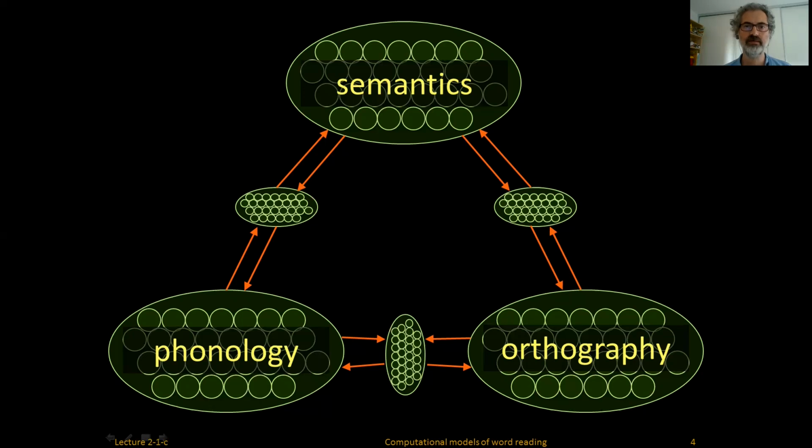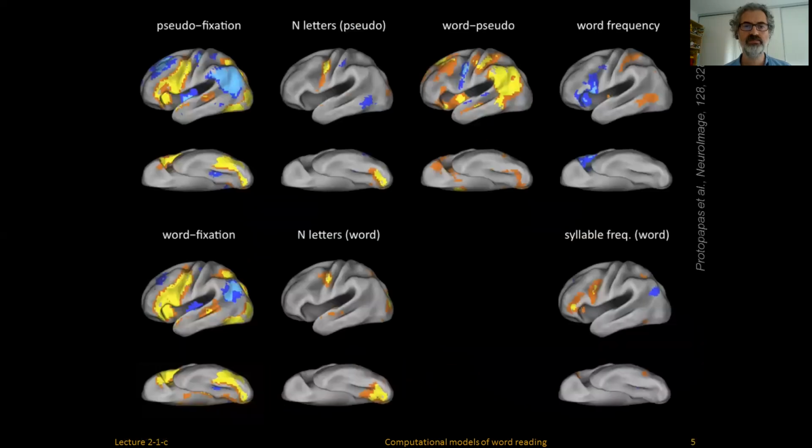In recent years, researchers have been trying to adjudicate between these two models, not only by running behavioral experiments, but also by brain scanning. So some studies try to identify areas in the brain that might correspond to the functional elements of the models by testing predictions derived from the models.